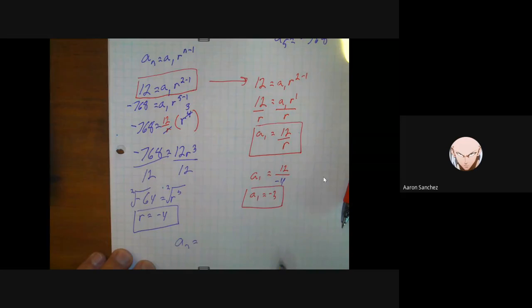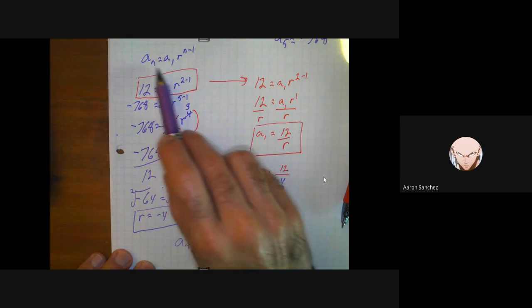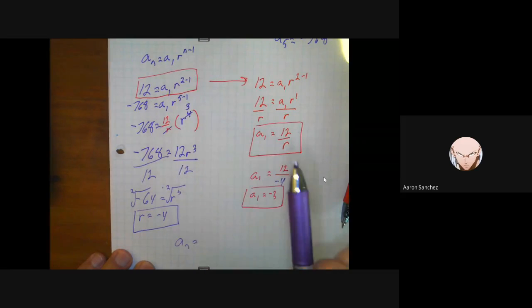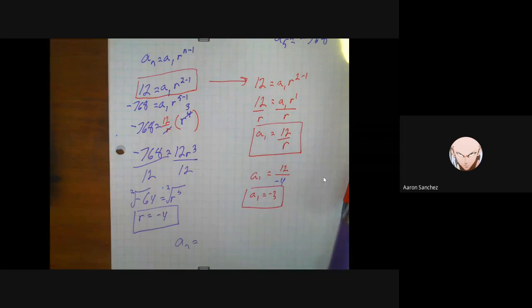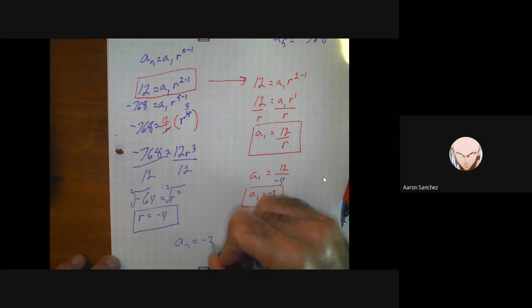Well, hang on, time out. Here's my rule. Oh, wait, 12n? Okay, hang on, you don't multiply them. What's my first term, Morella? Negative 3.